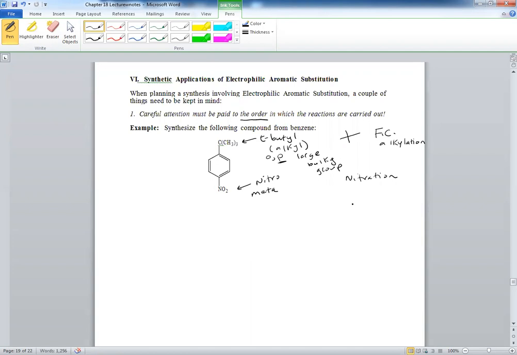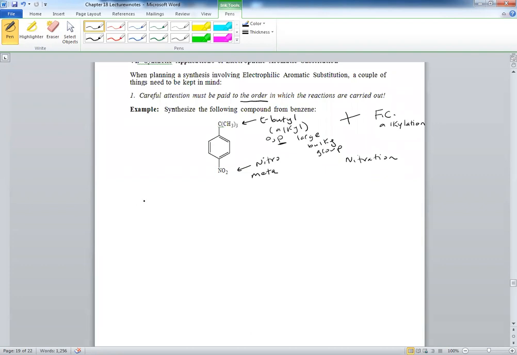Very good. So we start with benzene. And we say, okay, I can do the Friedel-Crafts alkylation. And when I do that, I will get the group right there, which is, by the way, this.